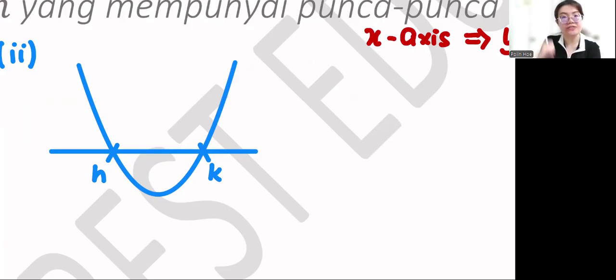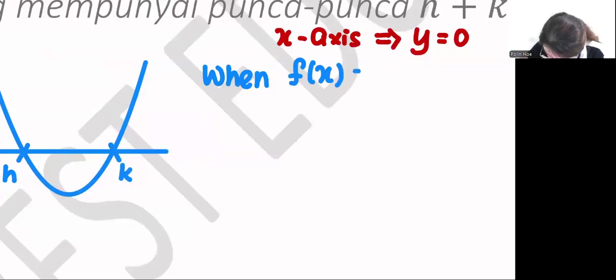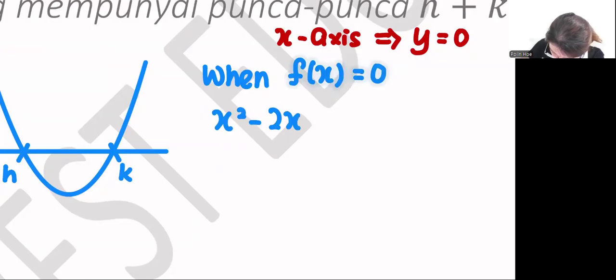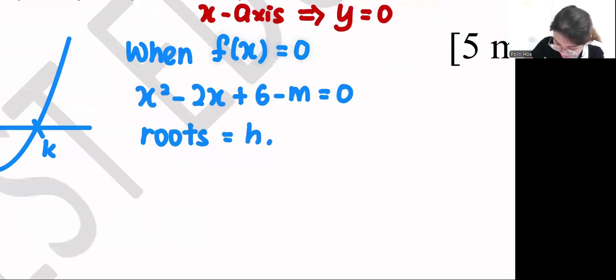Okay, this is my h, this is my k, which means when f(x) is equal to 0, the function x squared minus 2x plus 6 minus m equals 0 has roots of h and k. Instead of alpha and beta, I change it to h and k.